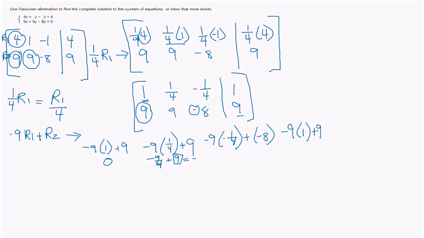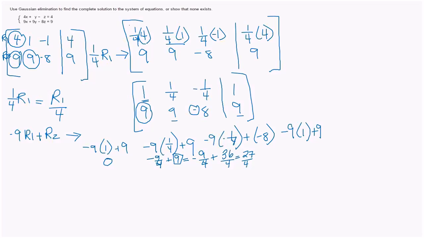So I'm going to rewrite this so that I have fractions with the same denominators. So that's going to be -9/4 plus 36 over 4 because that's equivalent to 9. And that's going to give me negative 9 plus 36 gives me 27 over 4.